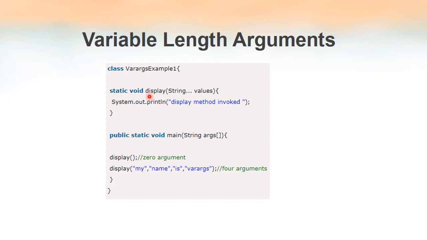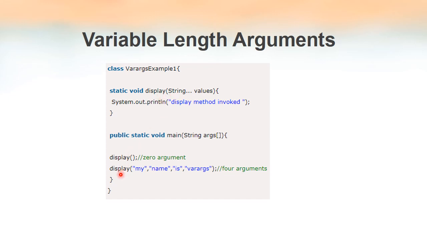So this means it is possible to call this method named display without any parameter, or with one parameter, or with two parameters, etc. So see here, we are calling the method display with no parameters, no argument, 0 argument. Then also this method will work because here we have mentioned that this method is having a variable length argument.